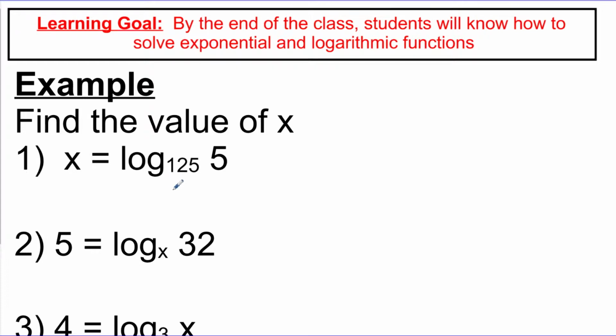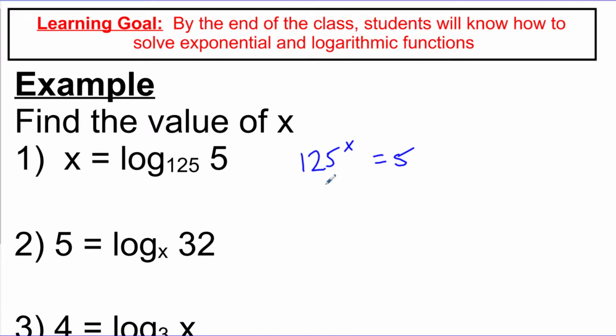If you remember from the log video, this number right here is the base when I switch to exponential form. The output is the exponent, and this 5 would be the answer to the exponential problem. So this is rewritten in exponential form as 125 to the x is equal to 5.